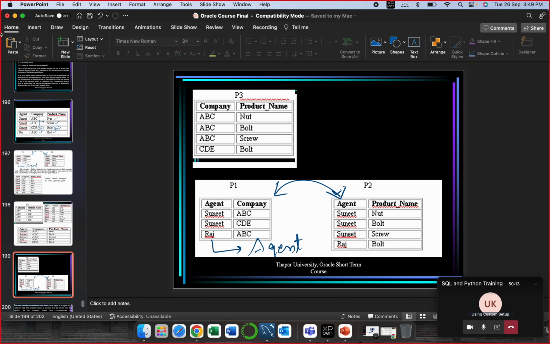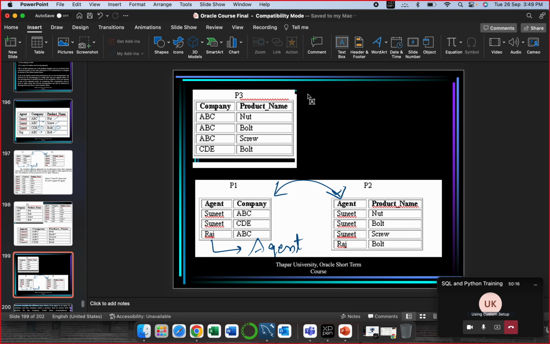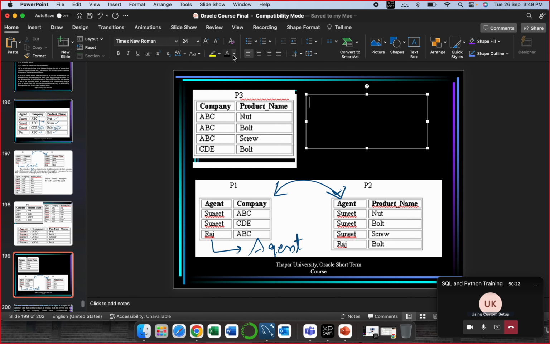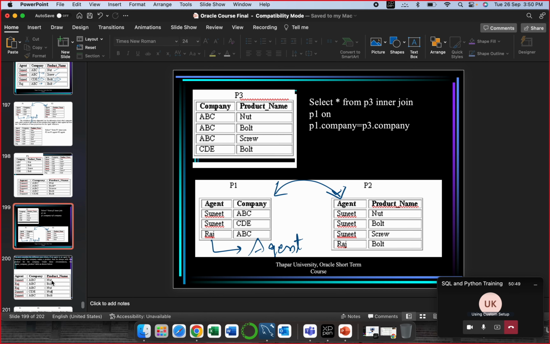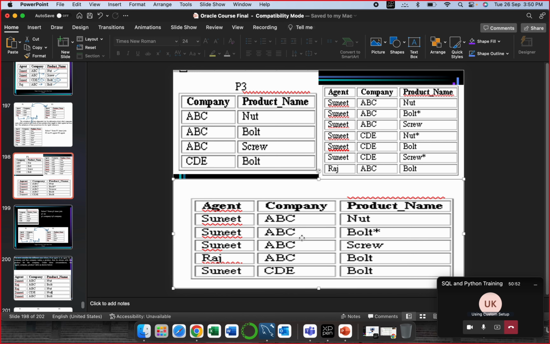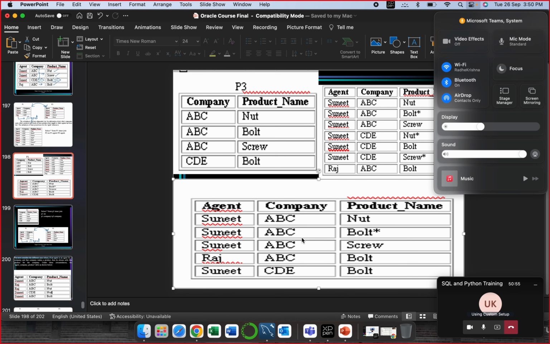You understand my point? If I write another query: select star from P3 inner join P1 on P1 dot company is equal to P3 dot company. This will give me this table: agent, company and product name. I will get this table.